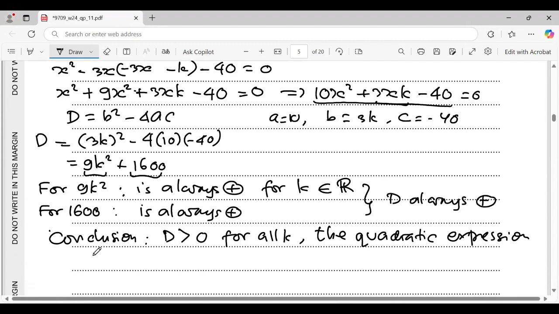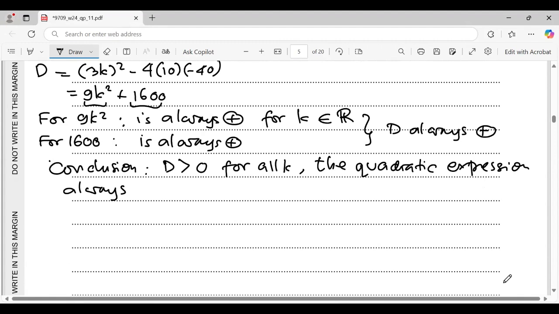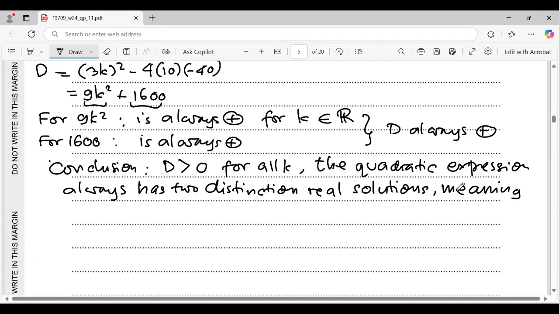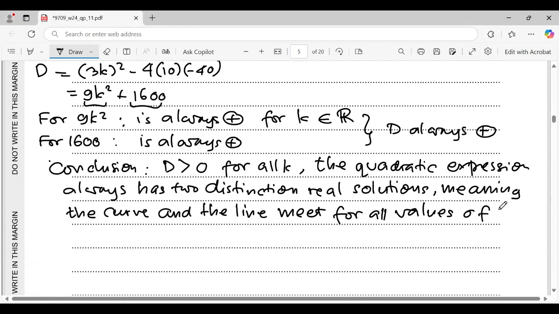The quadratic equation always has two distinct real solutions, meaning the curve and the line meet for all values of k.